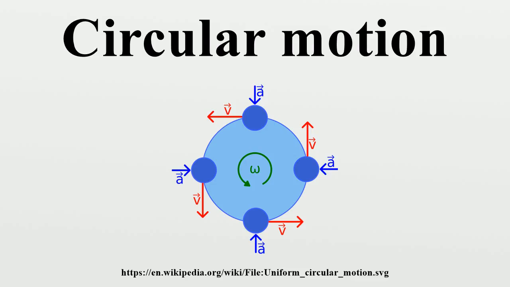For example, the visual above showing an object at the top of a semicircle would be expressed as follows. In uniform circular motion, the total acceleration of an object in a circular path is equal to the radial acceleration. Due to the presence of tangential acceleration in non-uniform circular motion, that does not hold true anymore.